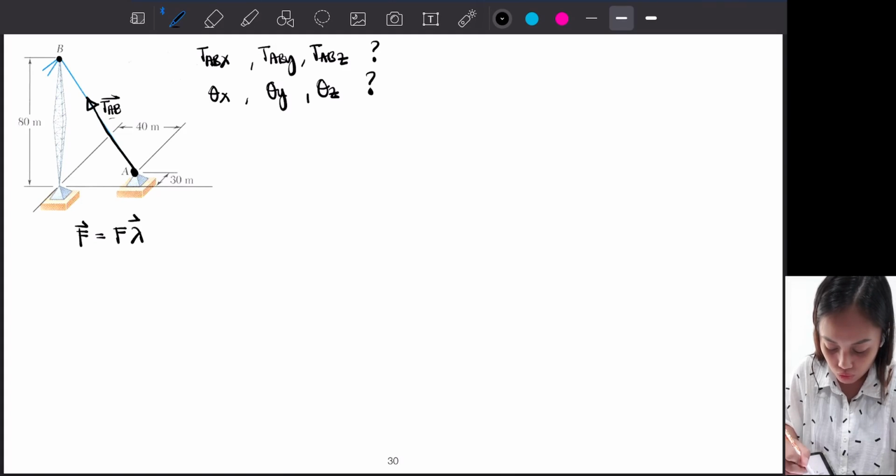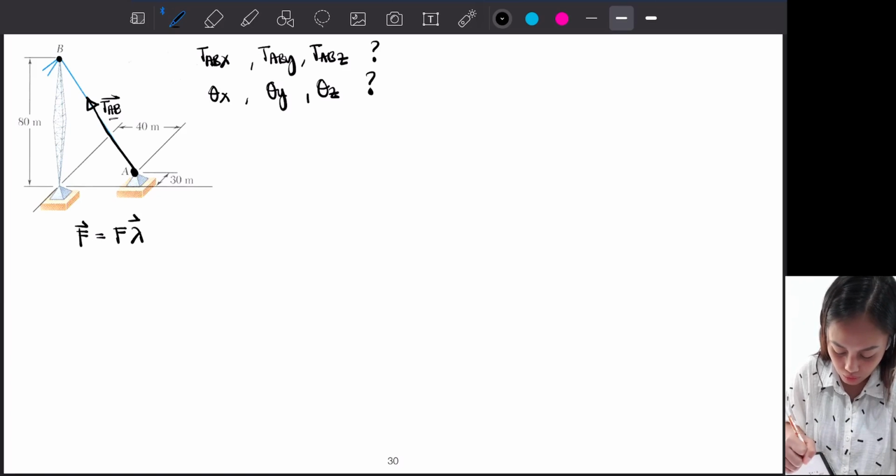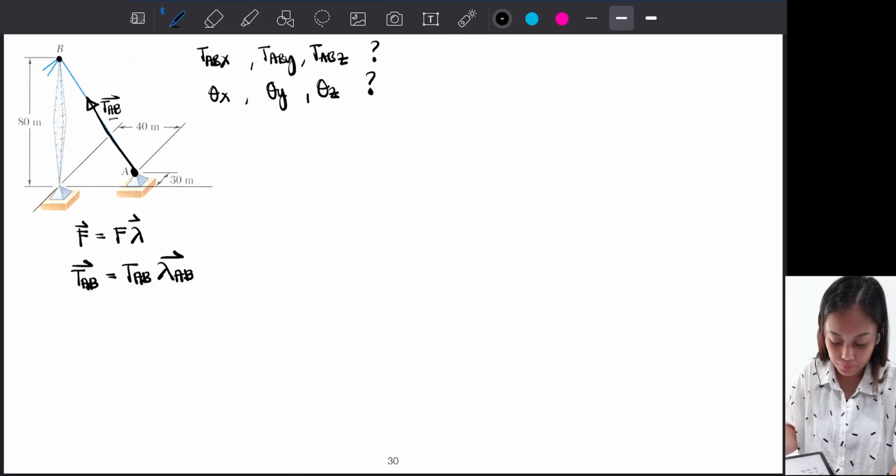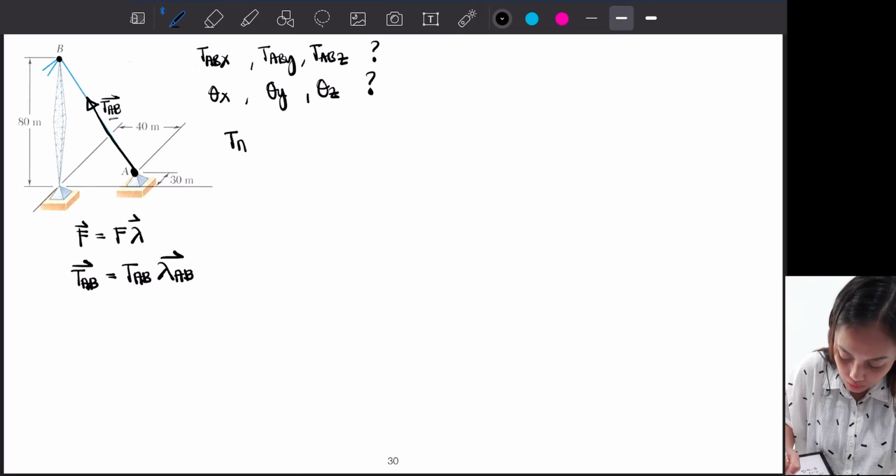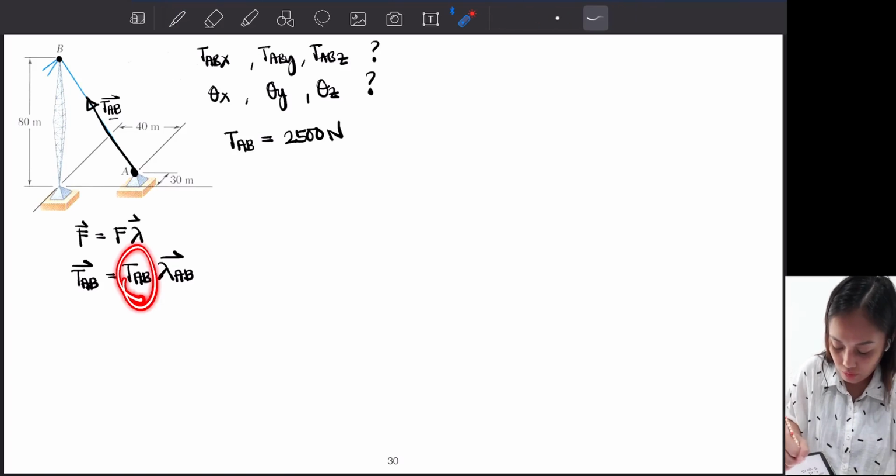Or, if we denote the unknown variable, let's say this is TAB, vector TAB is equal to its scalar value TAB times lambda or unit vector from point A to point B. Okay, we know the value of TAB from the problem. TAB or the tensile force exerted by the guy wire is 2,500 newtons. So we have the value of this.